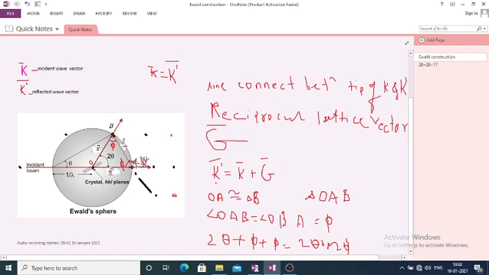So psi is equal to pi minus phi, because phi plus psi is equal to pi.